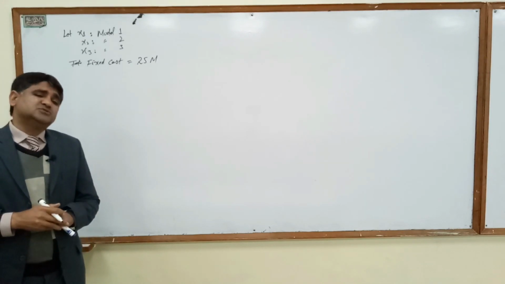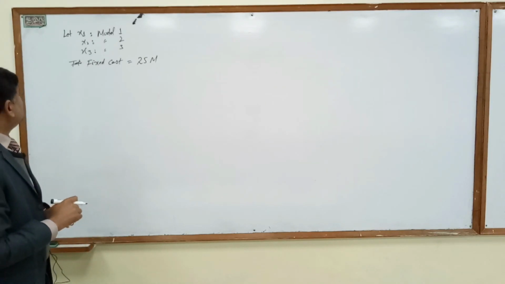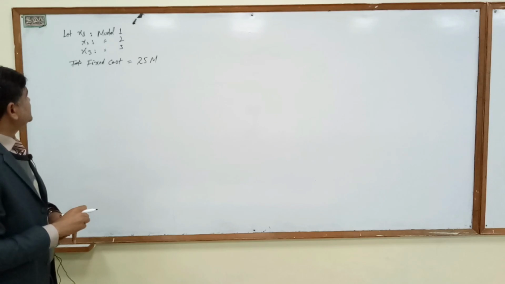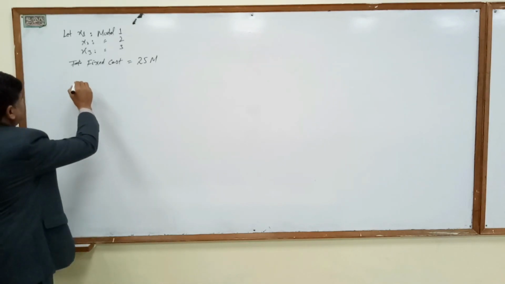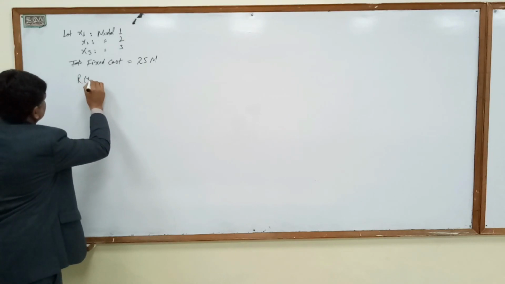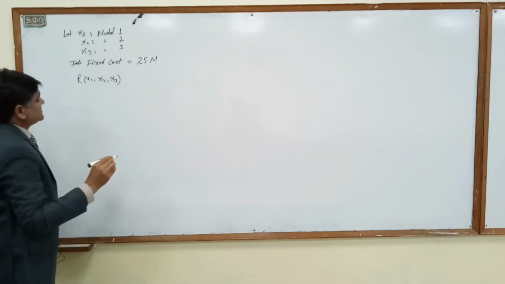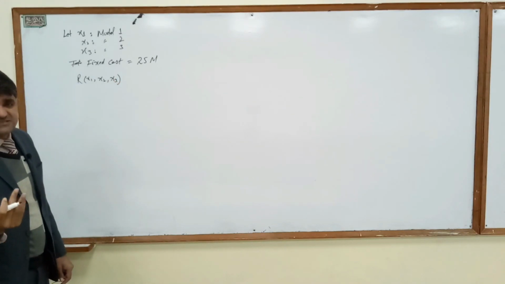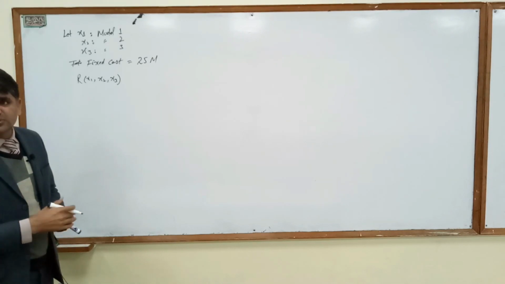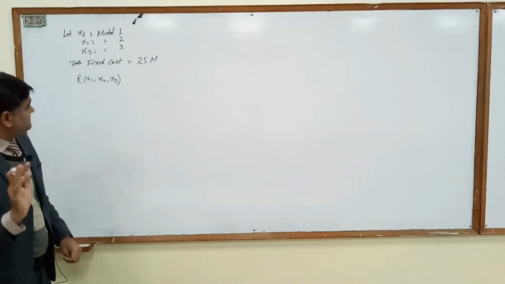And the firm is producing 3 types of model: model 1 is X1, model 2 is X2, and X3 is model 3. So the revenue of X1, X2 and X3, or we can say revenue R of X, summed over i from 1 to 3.